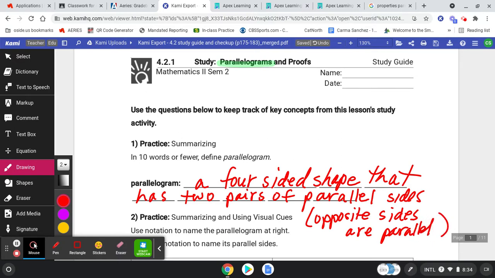So take a second to write down this definition, and then let's actually sketch one out.